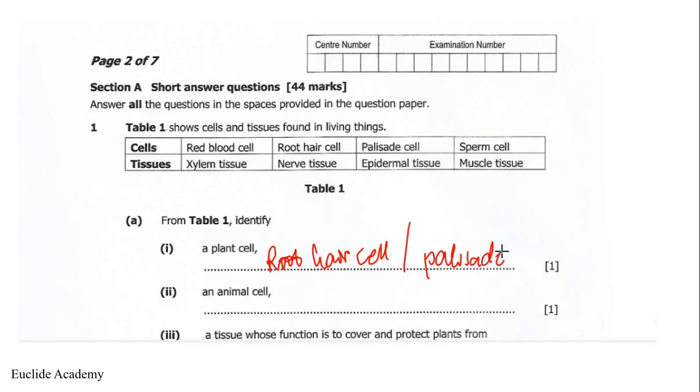The palisade cell is also a plant cell, so any of these two options. For an animal cell, you can put the red blood cell or the sperm cell. These are the two animal cells we have. So 1 mark for each.